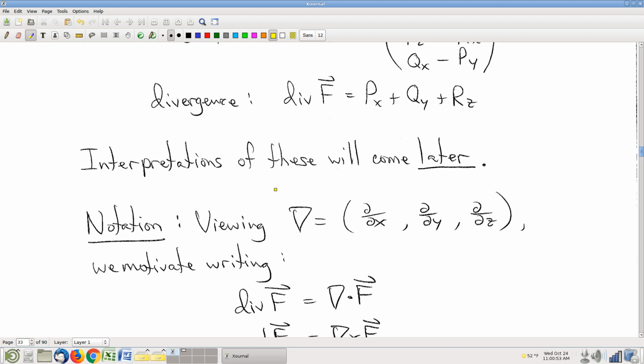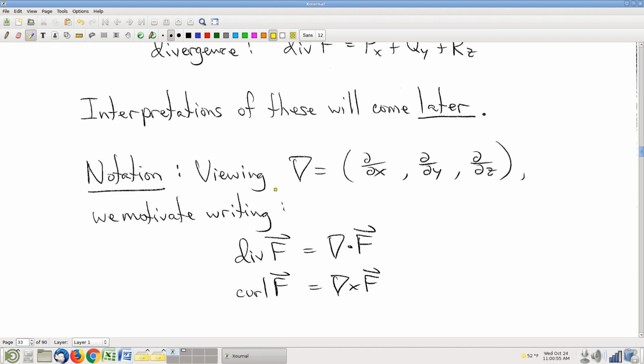It's very common. Recall that when you write down the gradient of a function, the formula is partial of f with respect to x, partial of f with respect to y, and partial of f with respect to z.